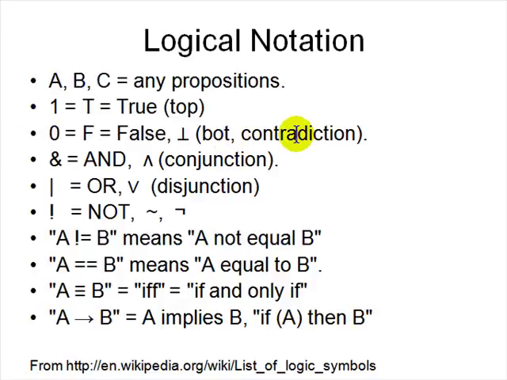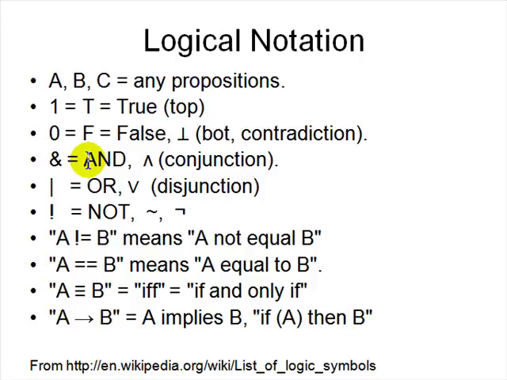And let's look at the notation we are using. So notation comes from print and olden days before computers, when a limited amount of symbols were available. So the T was reused upside down to mean false. First of all, we'll use A, B, C, D as propositions to stand for any proposition, and then we use 1, which is the same as true, or T, or top, and then the opposite of 1 is 0, which is false, F, or bottom, upside down T, or contradiction.